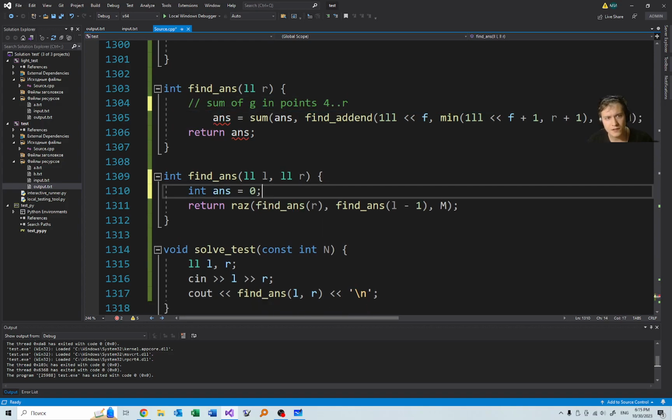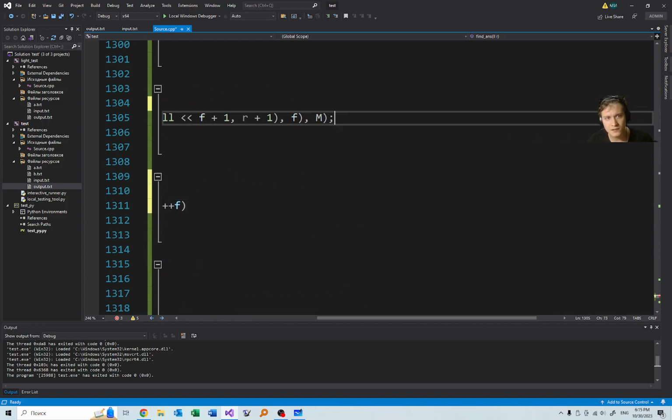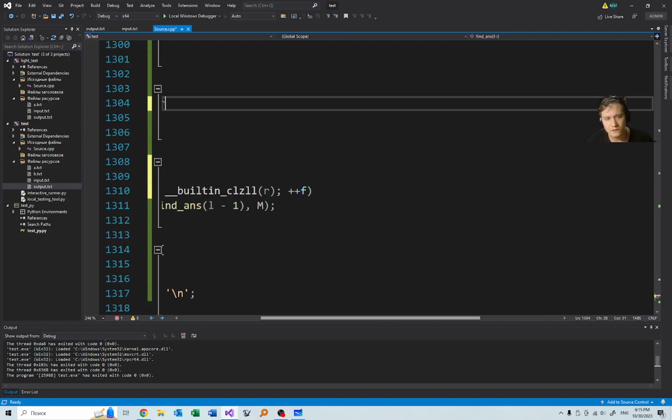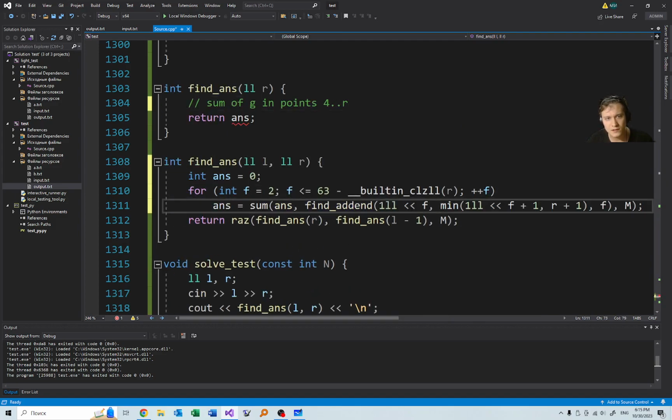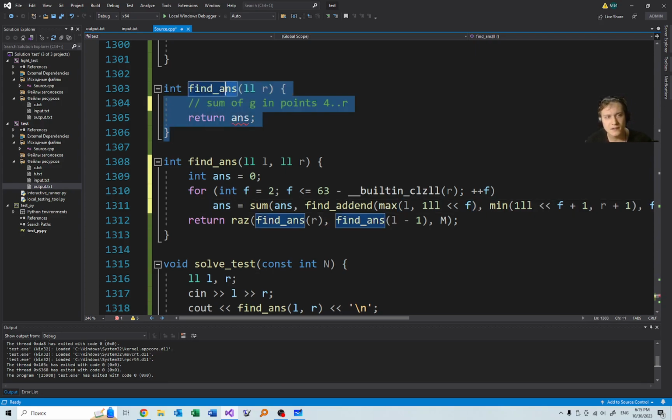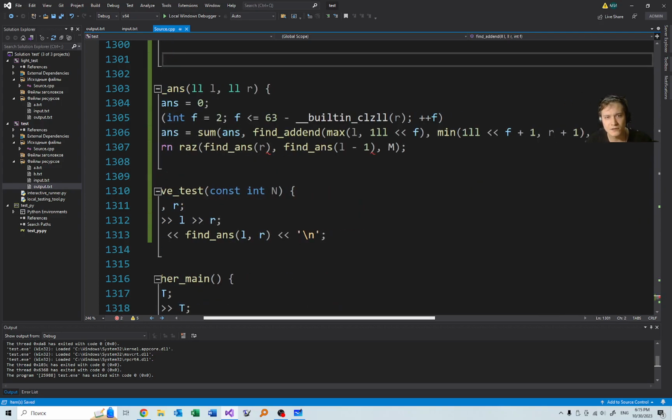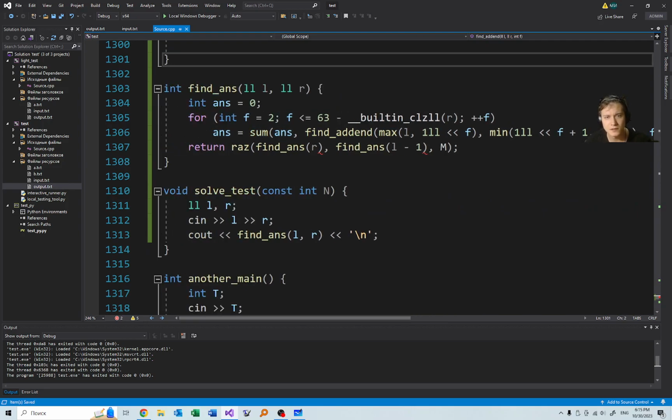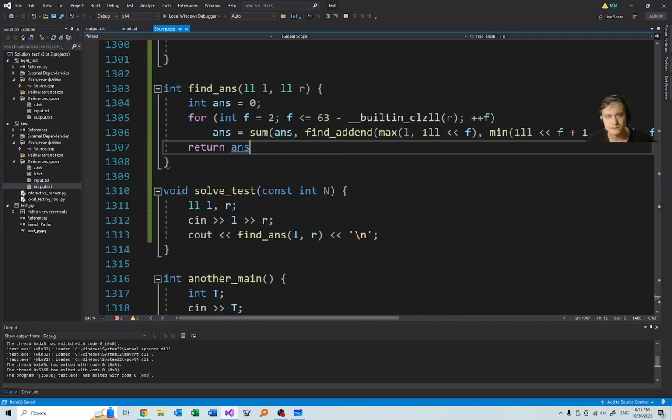So we have this, and here instead of this, we put here maximum of L and this number. I think that it's better performance. And here we just return answer.